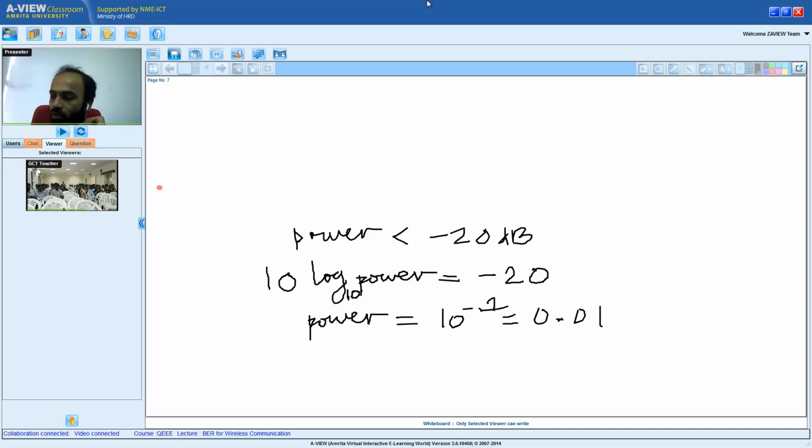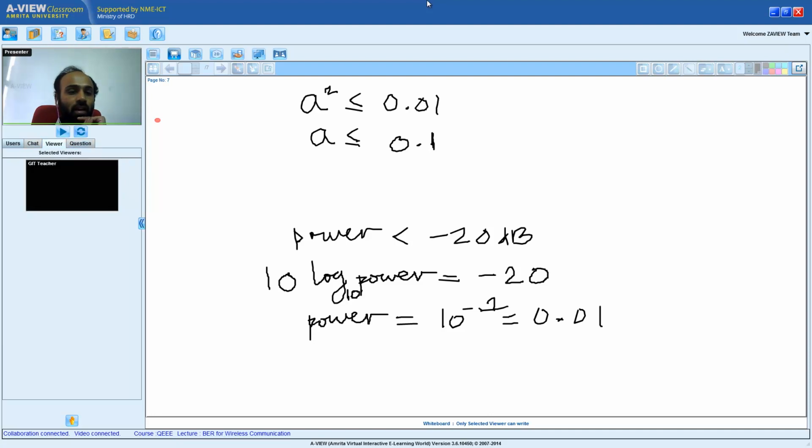Power is A square, so we are saying power is less than or equal to 0.01, which means A is less than or equal to 0.1. I think BTKIT has the correct answer. Now can someone tell me what is the probability that A is less than or equal to 0.1?